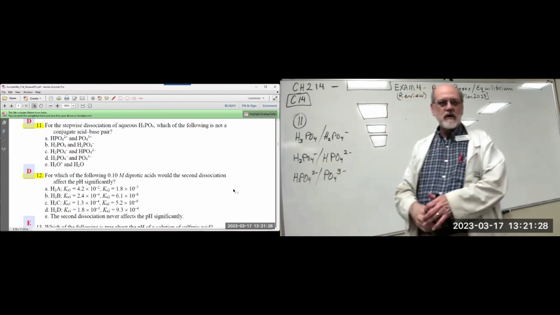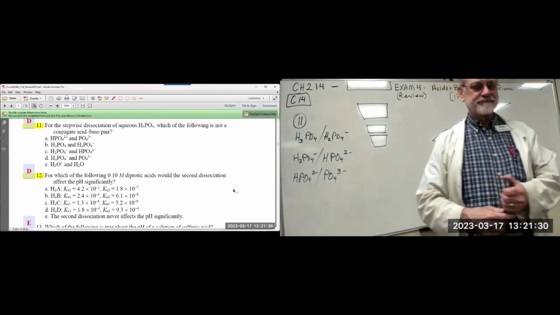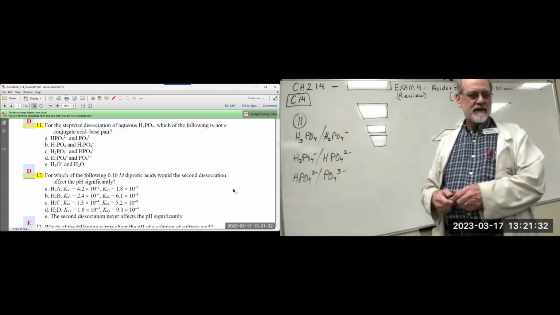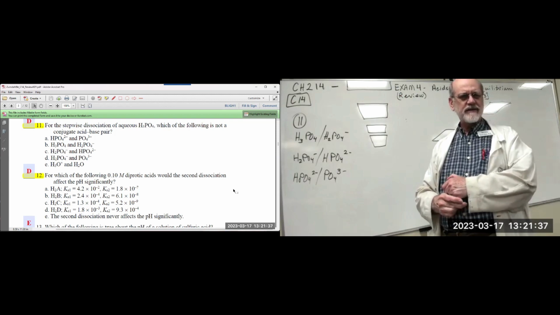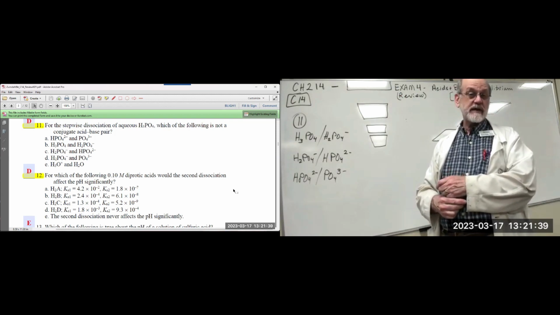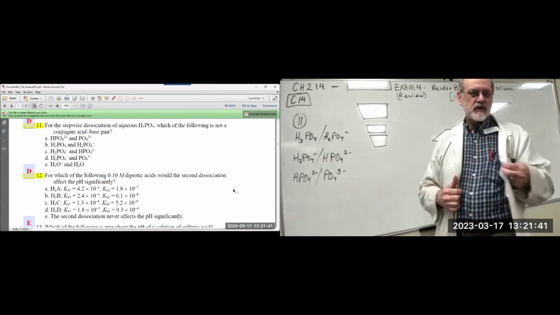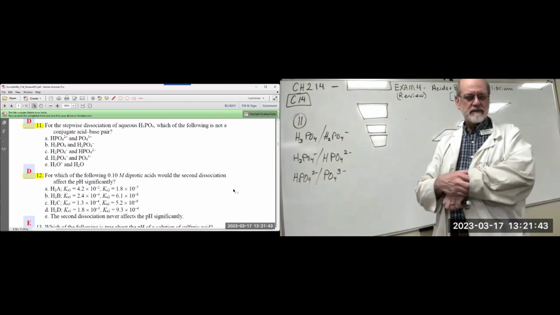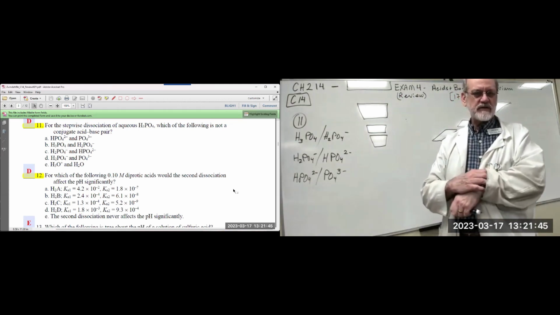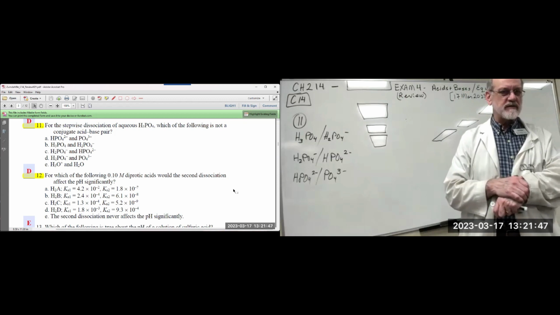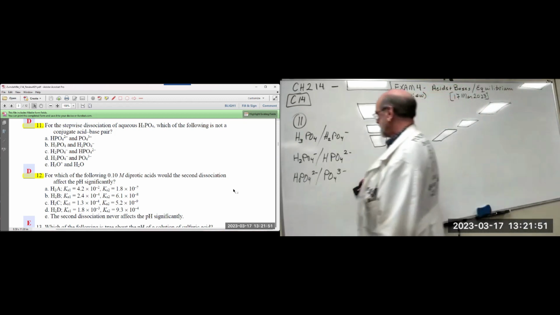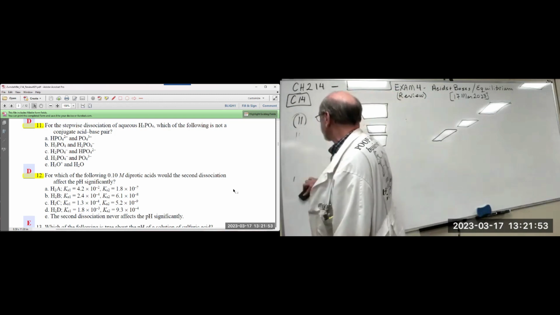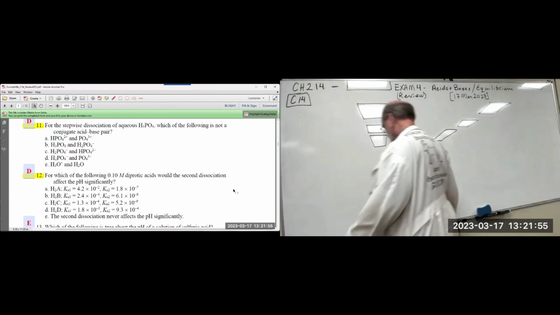No, D is wrong. And I don't know why E is in there, because that had nothing to do with H3PO4, except, well, I guess it could be. Hydronium ion is the acid and the H2O is the conjugate base. That's true. So we said D was right, correct? How about 12?